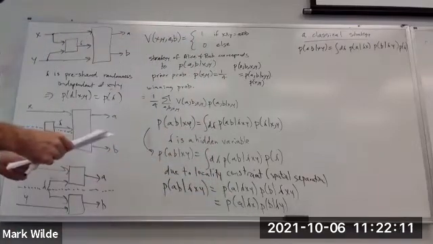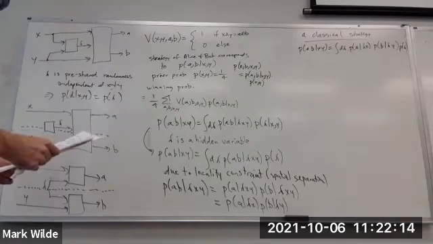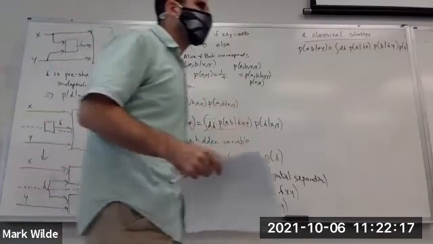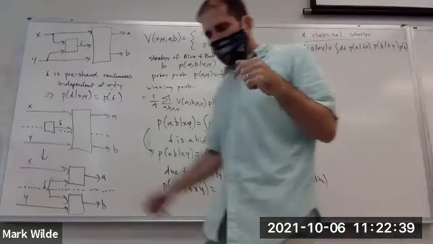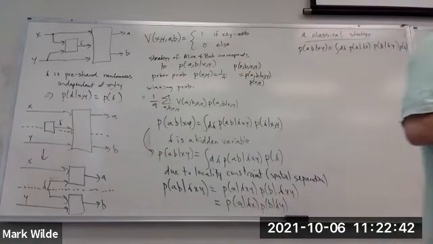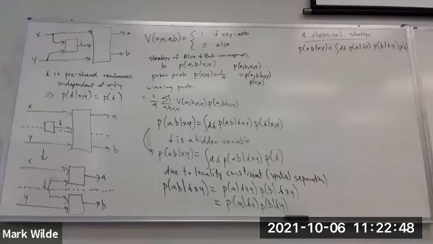What I want to argue now is that we're doing all this business with allowing shared randomness, trying to discuss the most general classical strategy. But what I want to prove now is that that will not do any better than simply a deterministic strategy. Rather than having a stochastic function, where if you get X, you might randomly pick some way for A, you don't need to do that.